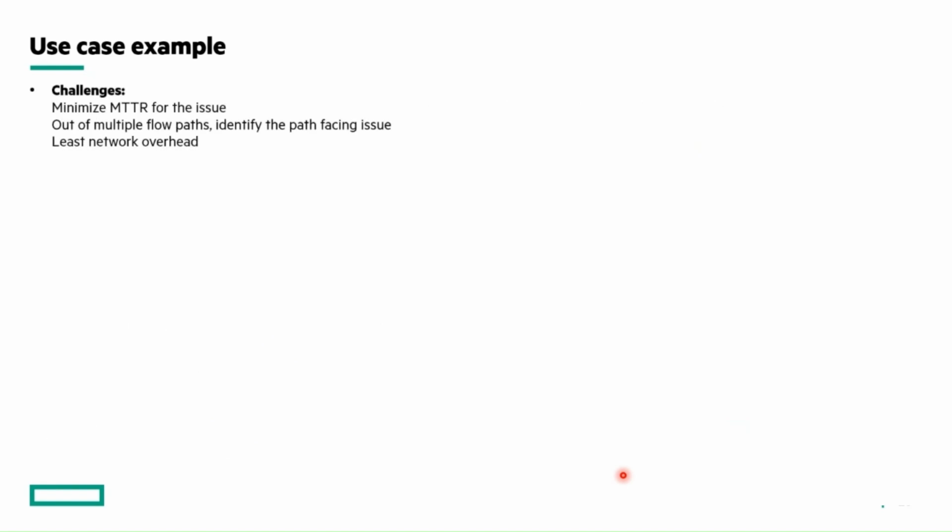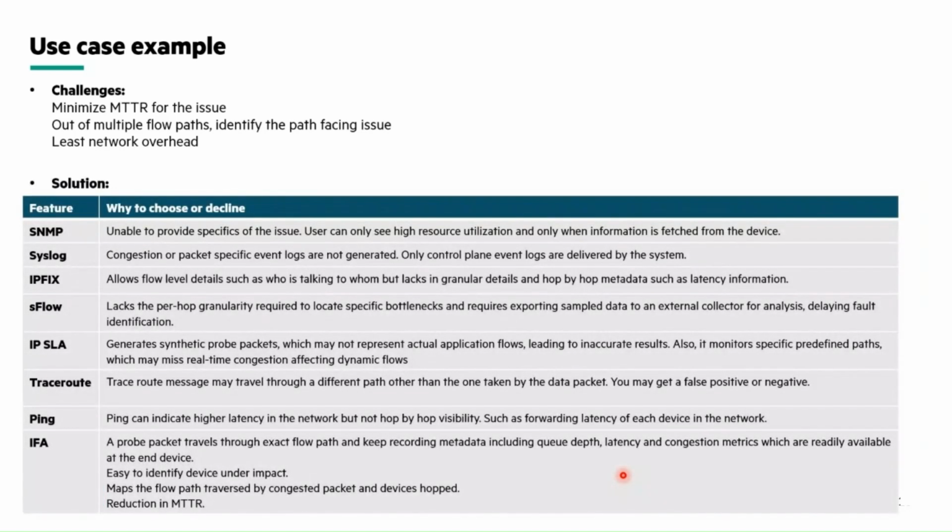The challenge here is to minimize the mean time to resolve this issue. Plus, out of multiple flow paths, the network admin has to directly identify the path facing the issue with least network overhead. For resolution, I am going to talk about how multiple features fit in here and whether or not they are the best suited solution for this issue.